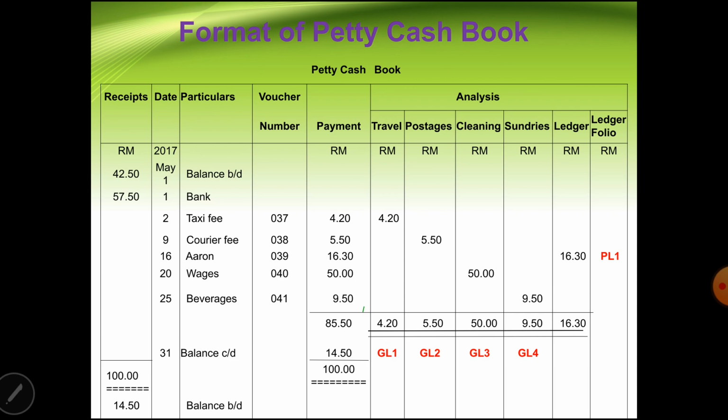Okay, this is the format of the petty cash book. 所以这个是它的格式啦，所以你要背起来哦。最左手边就是 receipt 收项，我们收的事项，OK is the receipts column。然后呢，有日期，particulars 就是那个事项，你要写它到底是还什么费用这样子啦。然后 voucher number，OK, look at this voucher number. For every payment that you make, there is a voucher number.